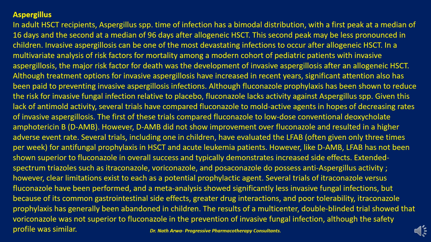Several trials of itraconazole versus fluconazole have been performed, and a meta-analysis showed significantly fewer invasive fungal infections, but because of its common gastrointestinal side effects, greater drug interactions, and poor tolerability, itraconazole prophylaxis has generally been abandoned in children.